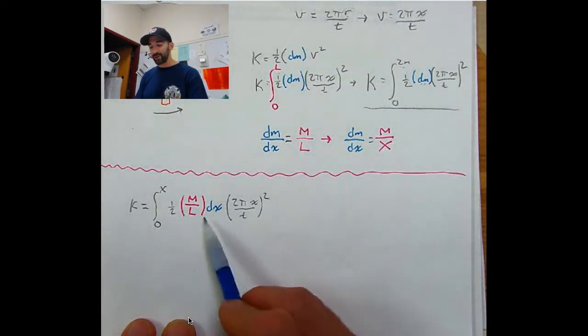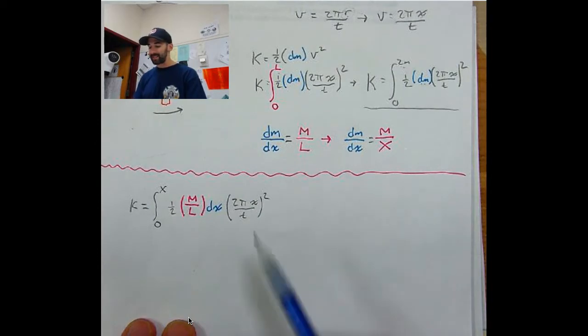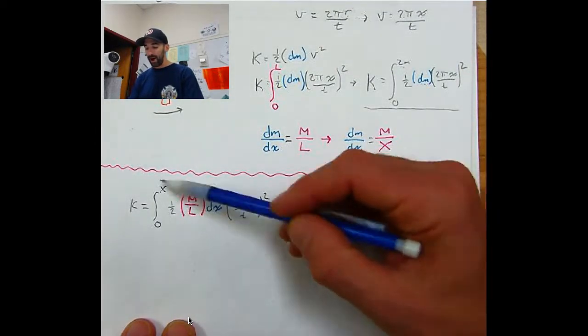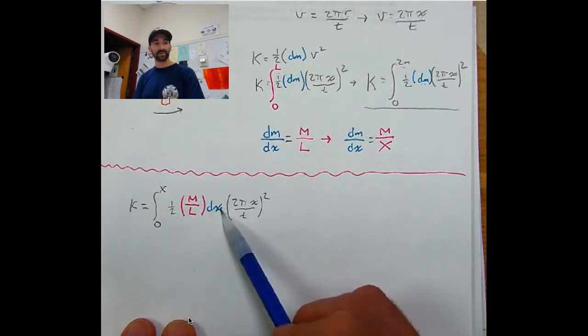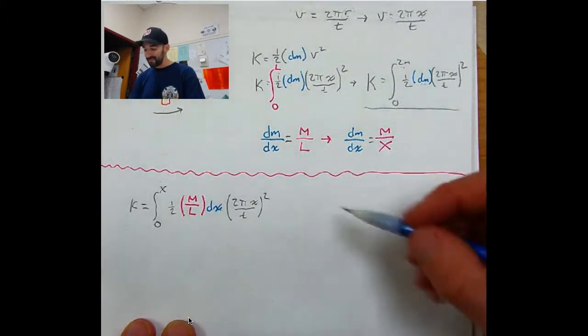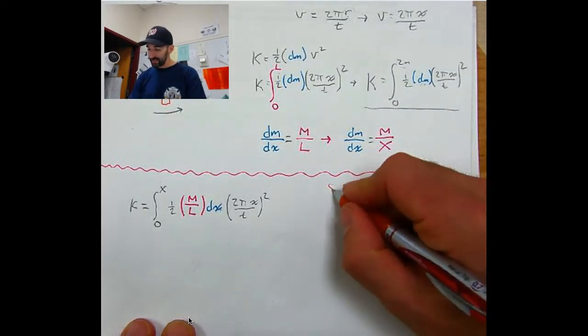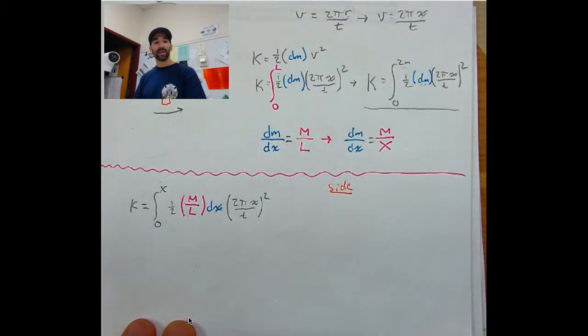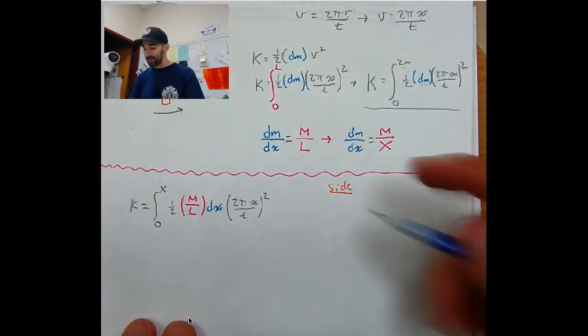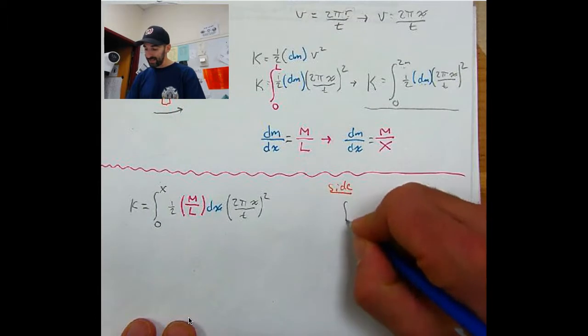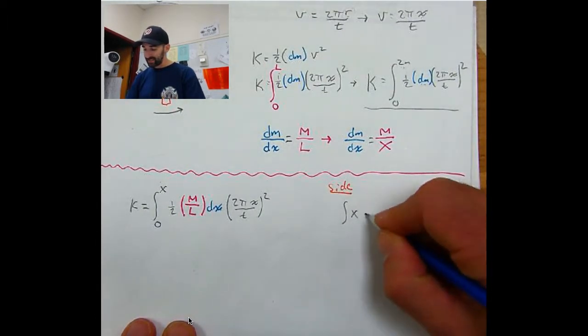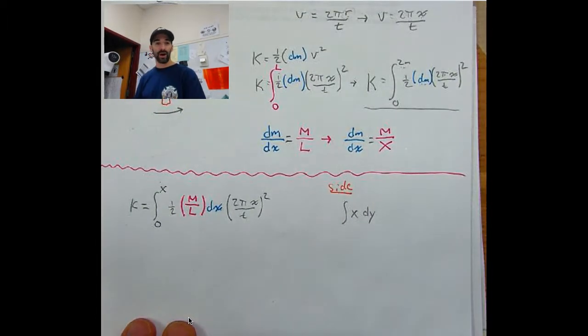Now what we can do is we need to pull out every constant. Now let me explain a little bit why our antiderivatives need to match. This is a little sidebar: when I take a derivative or an antiderivative, I can only talk about things in the direction that I'm integrating in or summing things up. In other words, if I had a very simple, say, antiderivative of x with respect to y, right?